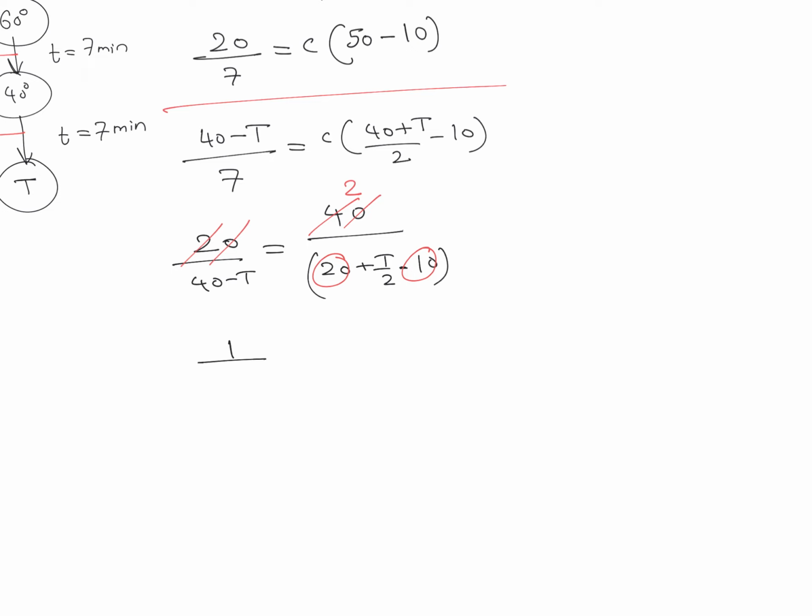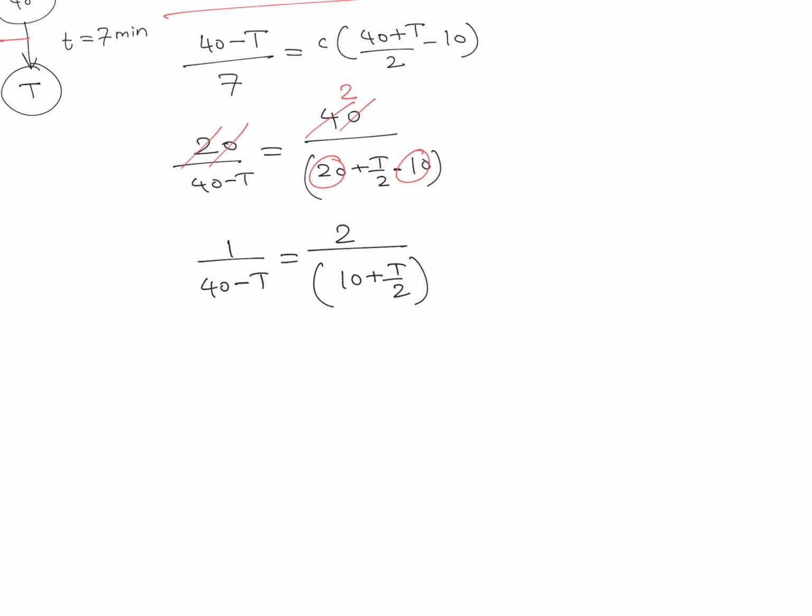So we can write this as 1 divided by 40 minus T is equal to 2 divided by, on the denominator, 10 plus T divided by 2.